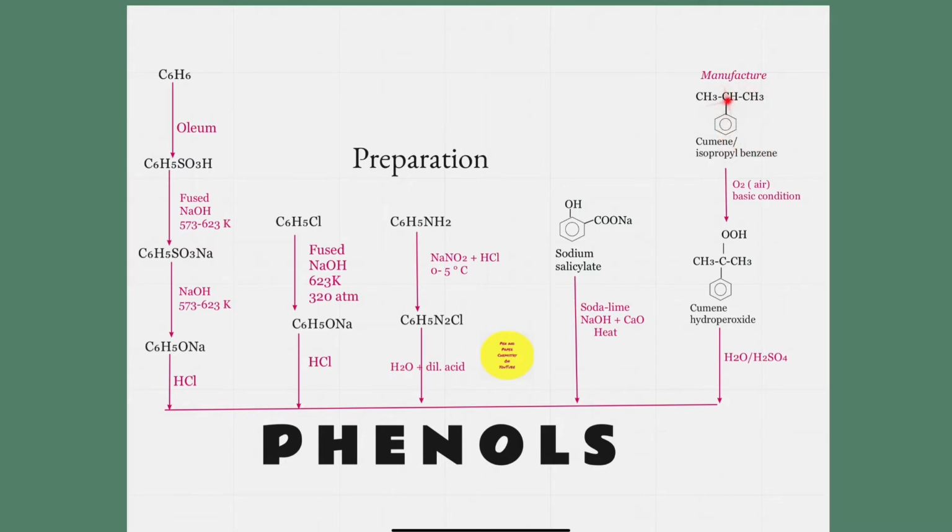So you can name it either as 2-methyl ethyl benzene or, as has been written over here, isopropyl benzene. This is oxidized using air under basic conditions to give us cumene hydroperoxide, which on hydrolysis gives us phenol.